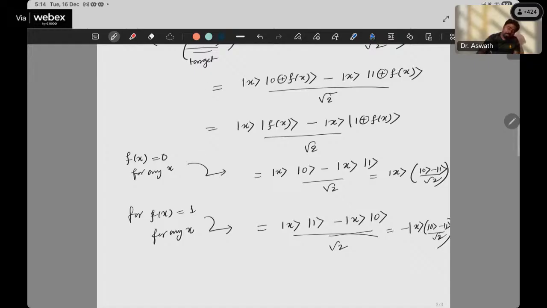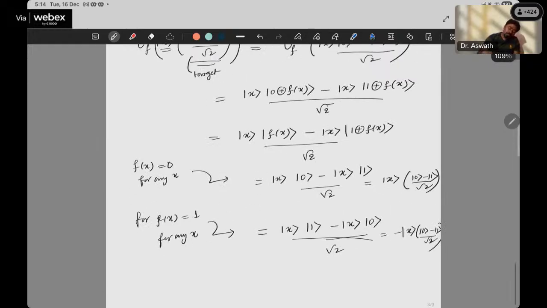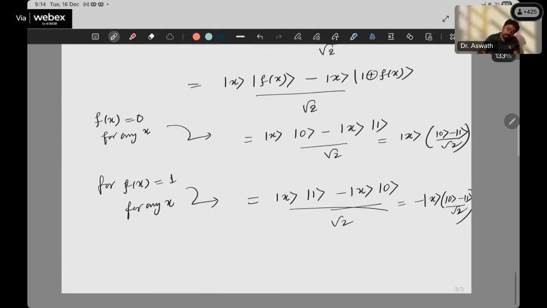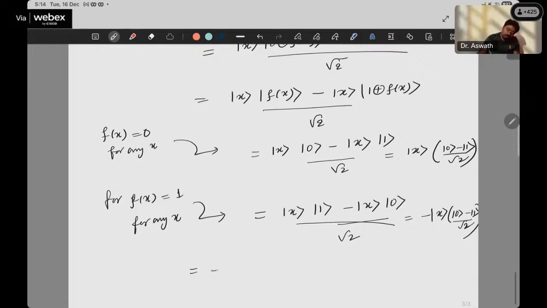So what is it conveying? For f of x equal to 0, I am getting a plus sign. For f of x equal to 1, I am getting a minus sign. So I can simply generalize this as minus 1 to the power of f of x, x cat 0 cat minus 1 cat divided by square root of 2. This is called a phase kickback.